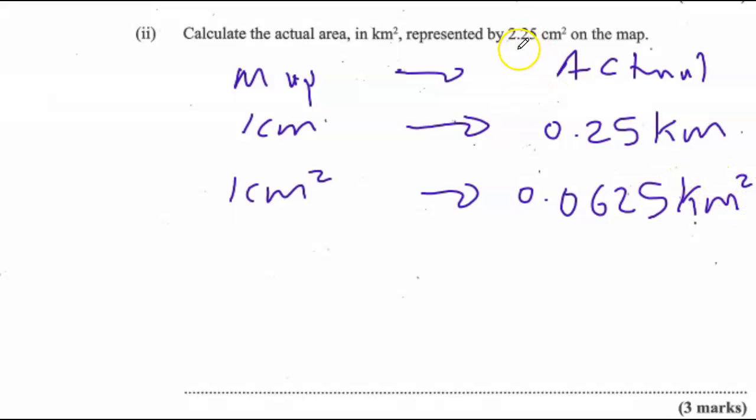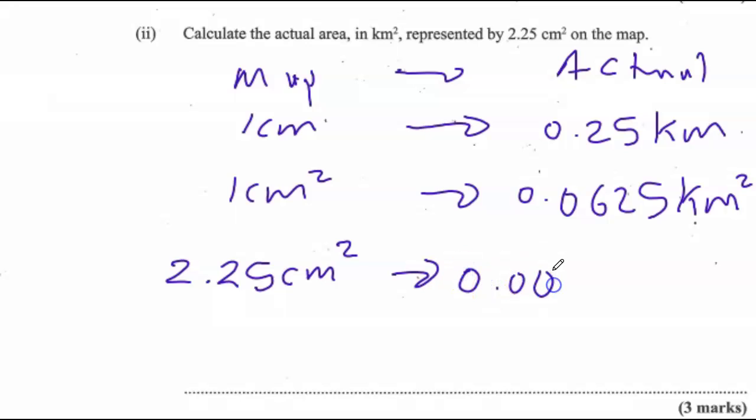So we square both sides. Now we want 2.25, so we times both sides by 2.25. So 2.25 times the left and 2.25 times the right. So 2.25 times 0.0625 is 0.00390625. I used the calculator, and that's km squared.